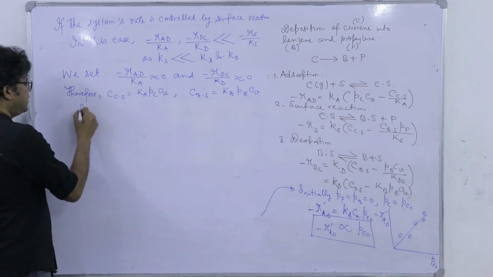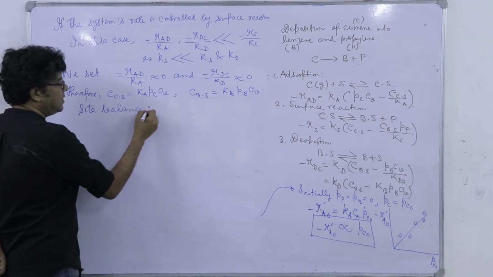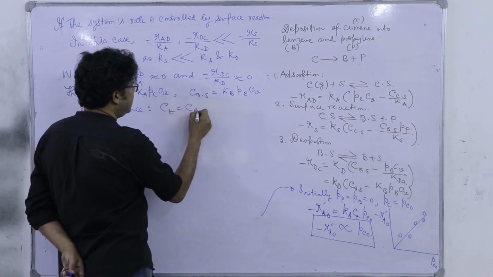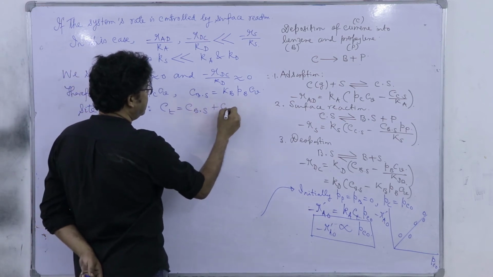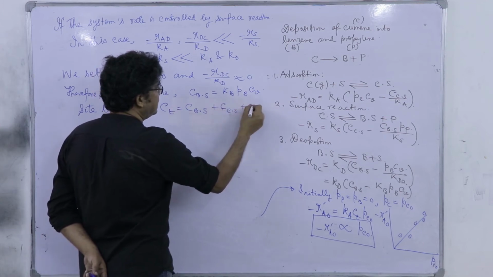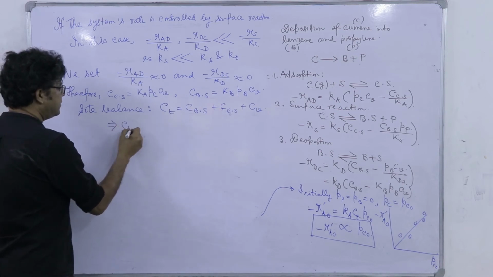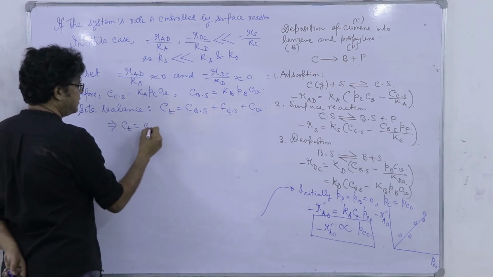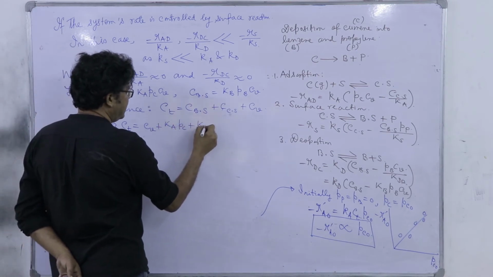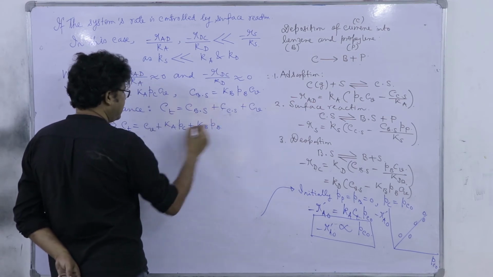right. Site balance will yield Ct equal to Cb·S plus Cc·S plus Cv. So, obviously, Ct becomes Cv times the bracket of 1 plus Ka Pc plus Kb Pb.